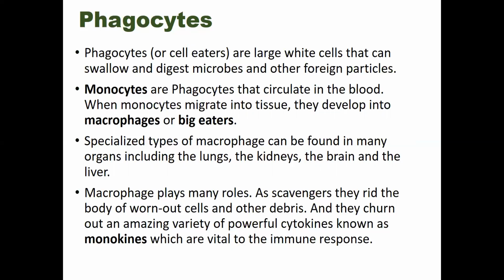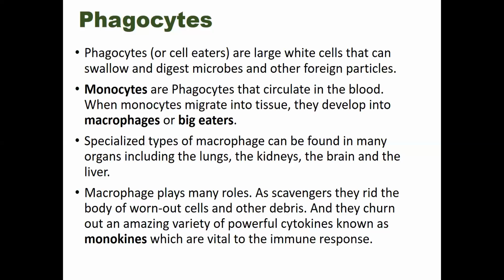Like in our country's defense systems, we have different types of defensive organizations, like army, navy, air force. So how does a civilian become an army person, or a navy person?